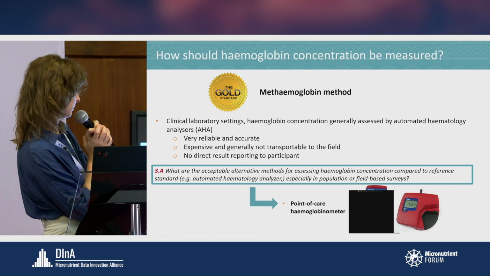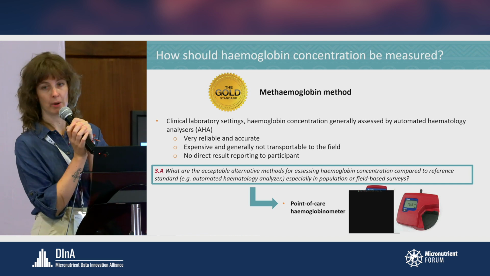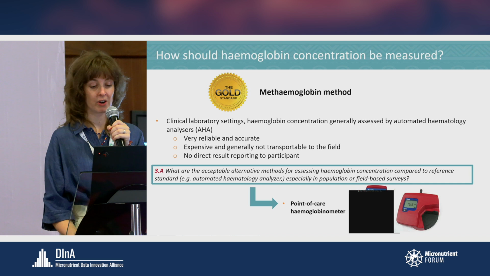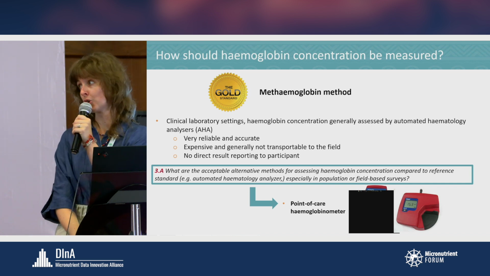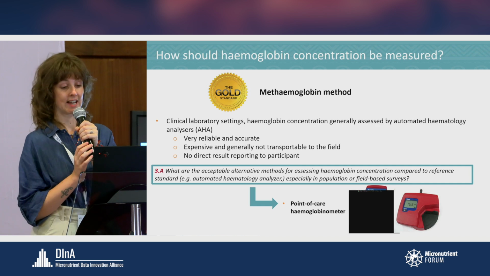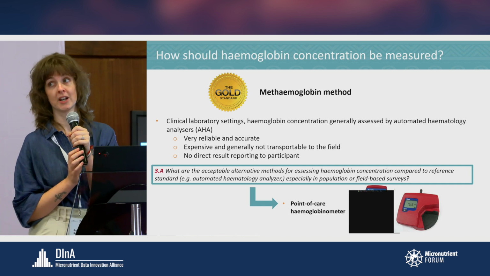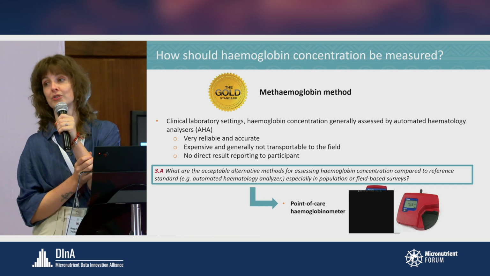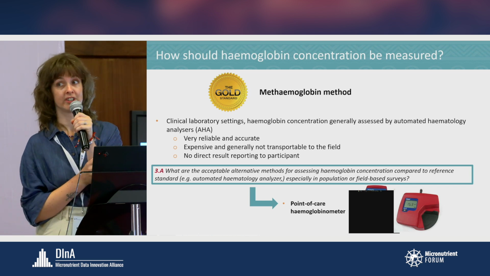You all know a HemoCue, I think. These have some advantages to use in the field. First of all, they are calibrated against the international reference standards by the manufacturer, and therefore they don't require any additional calibration in the field.